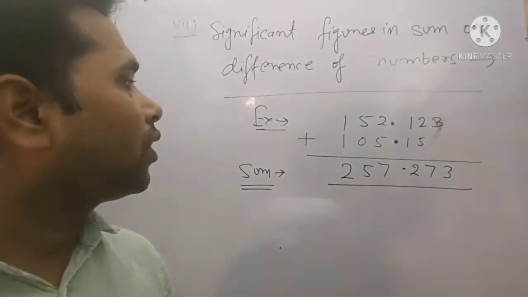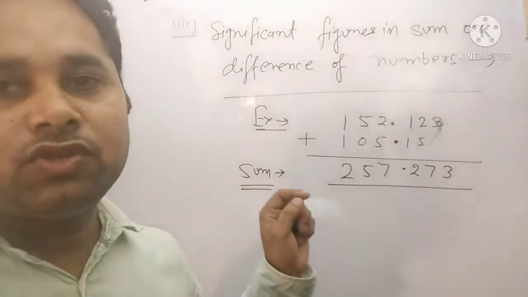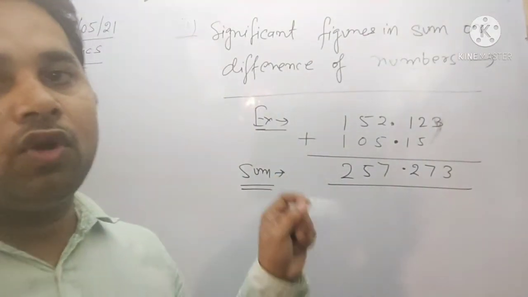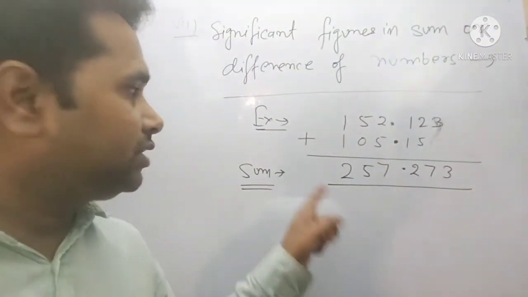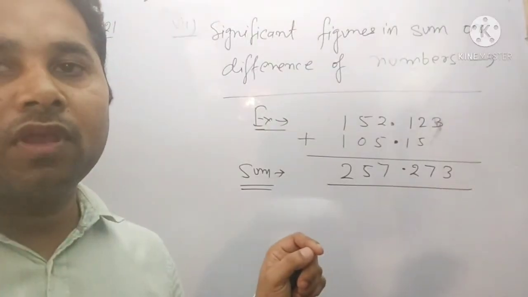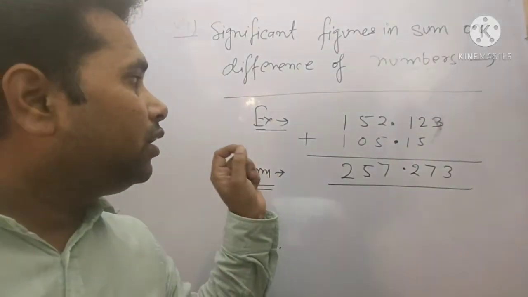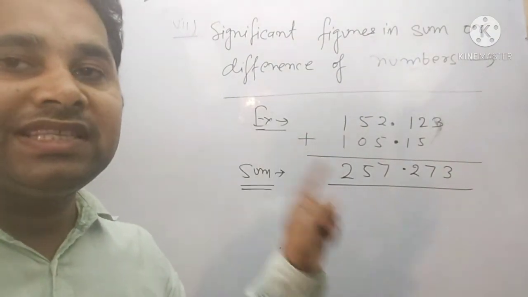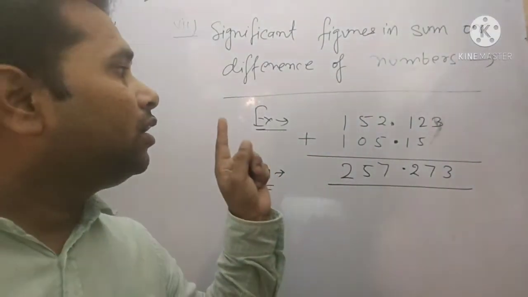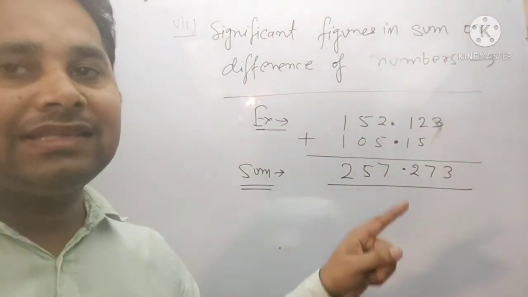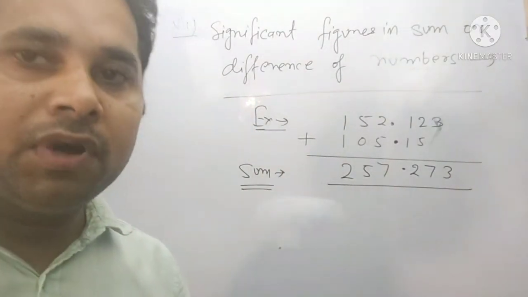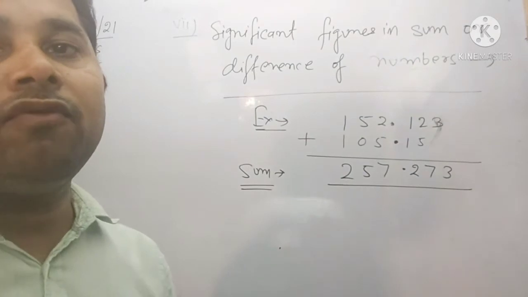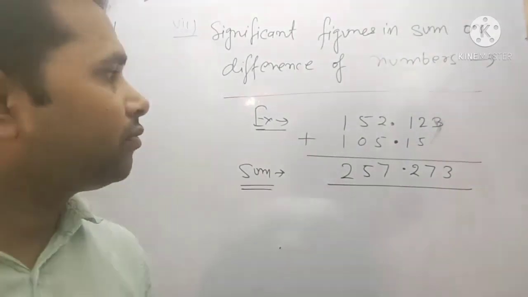Repeating again, in the sum of these two, the result should be reported with the same number of decimal places as that of the original number with minimum number of decimal places.